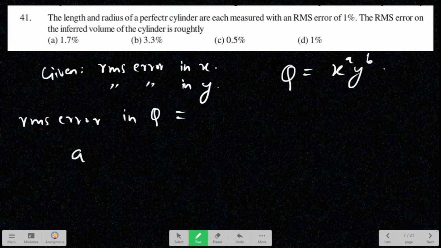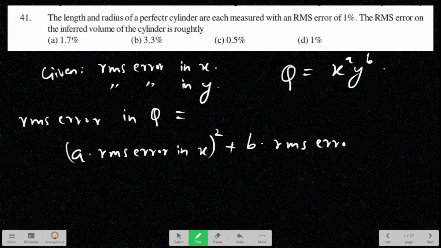a into RMS error in x squared plus b into RMS error in y squared, take root.